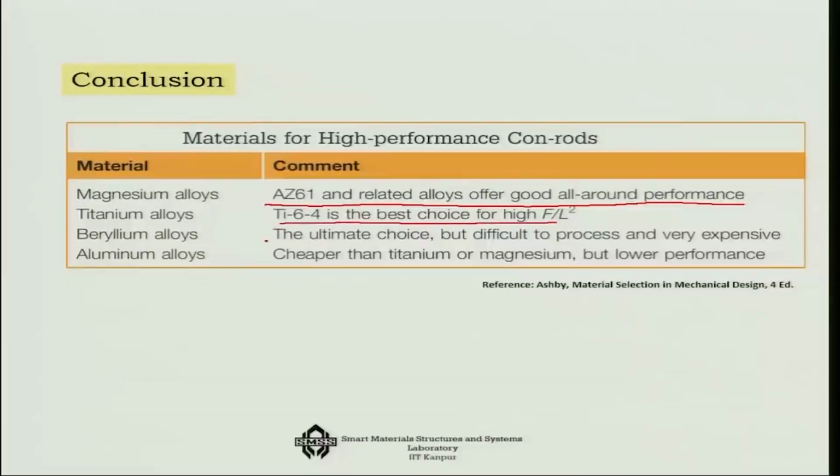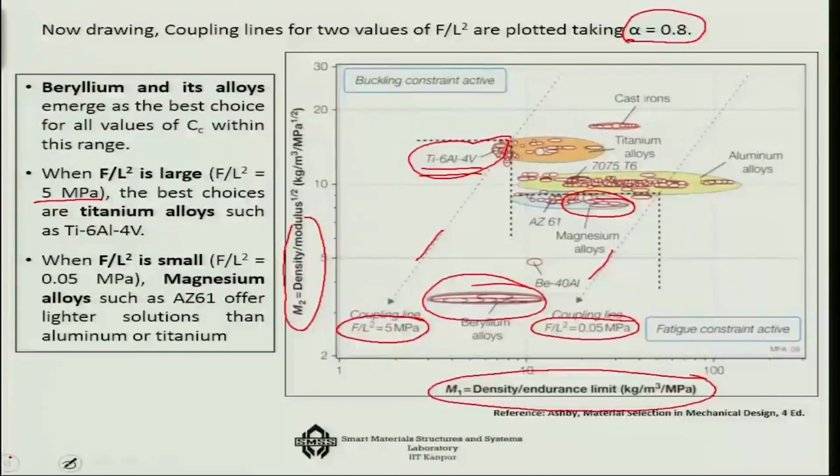Beryllium is a good trade off, but it is difficult to process and very expensive, and sometimes it is also corrosive, so we normally try to avoid beryllium. The other option is the aluminum alloy, which is cheaper than titanium or magnesium, but has lower performance. Let us look back at the aluminum alloy's position once more.